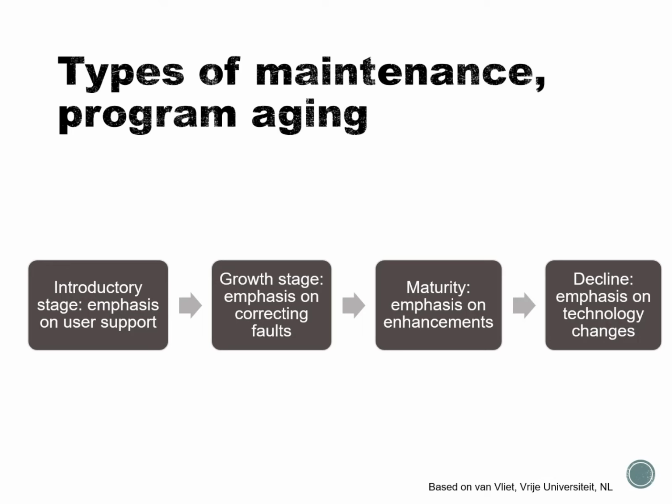In the maturity phase, we do enhancements, meaning that we add features or nice-to-have things which we didn't want to do in the original delivery, or we didn't have money, or we are trying desperately to attract more people to use our software, so we add new features and do stuff like that.